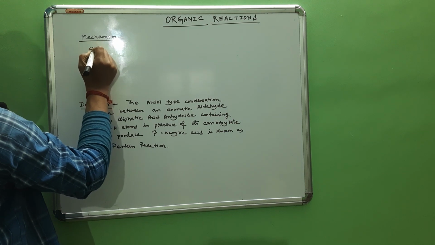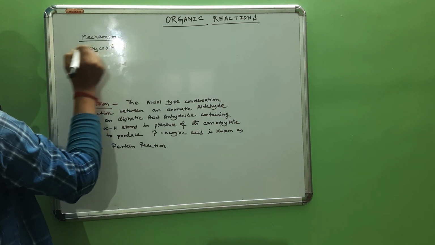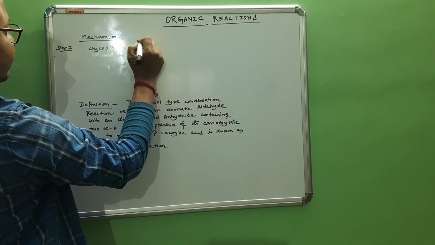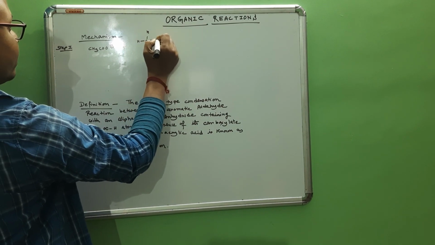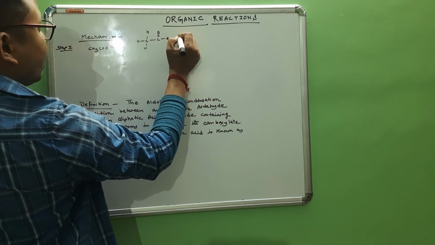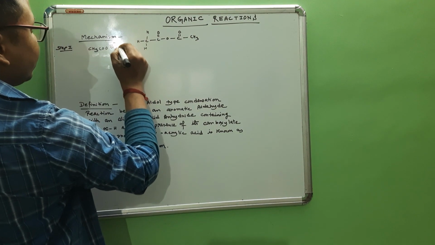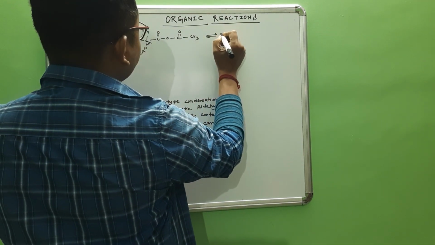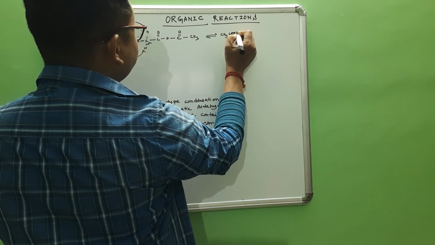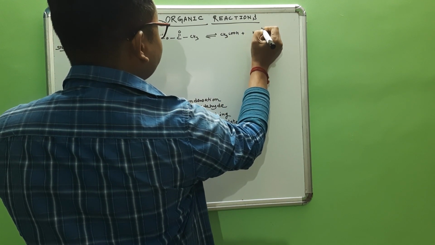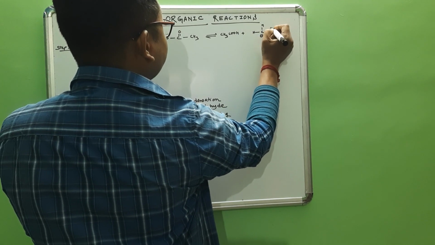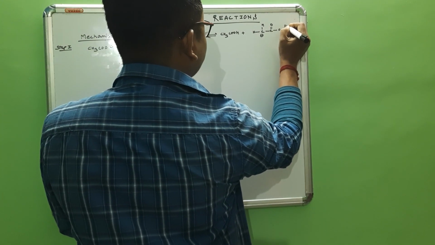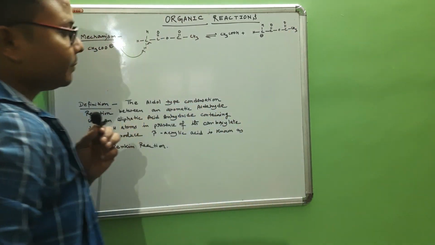This is step 1. First, the acetate ion snatches one alpha hydrogen atom of the acetic acid anhydride molecule, giving CH3.